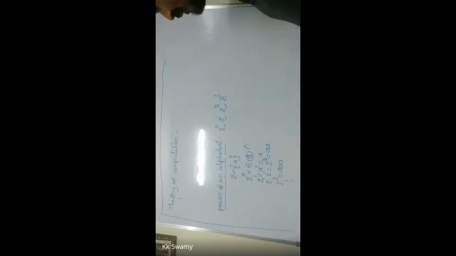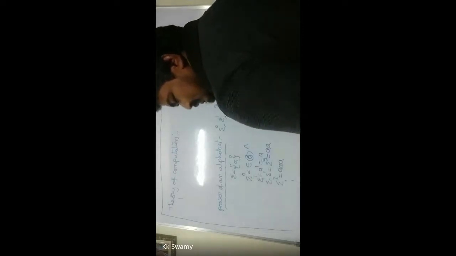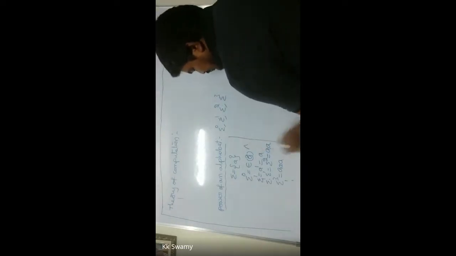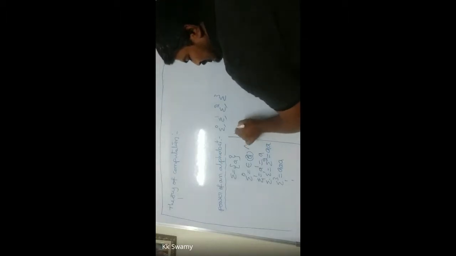Sometimes it is limited, specified as sigma power 0, sigma power 1, sigma power 2, sigma power 3 like this. But if I want to accept all strings of A's, any number of A's, how do we represent it? Suppose we want all A's to be accepted in our language. In that situation, we use one operator called the Kleene closure of an alphabet.